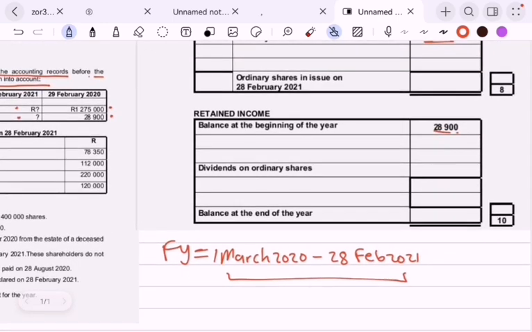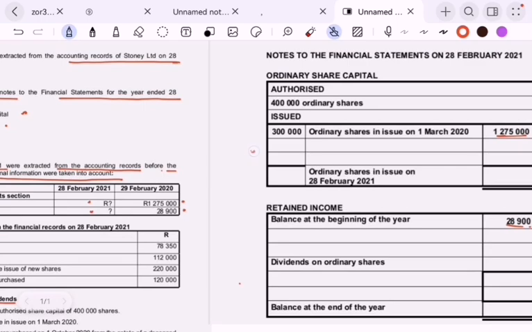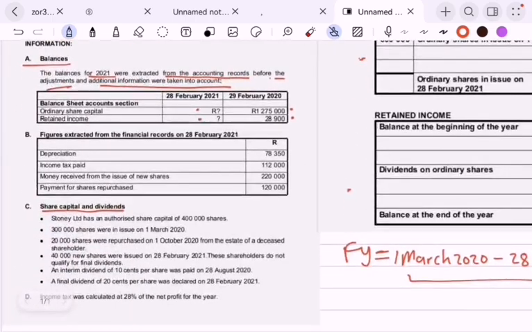Dividends are going to affect your retained income, right? And your shares are going to affect your ordinary share capital. And if there are any repurchased shares, you should know that it's going to affect both your ordinary share capital together with your retained income. So let's get straight to it.